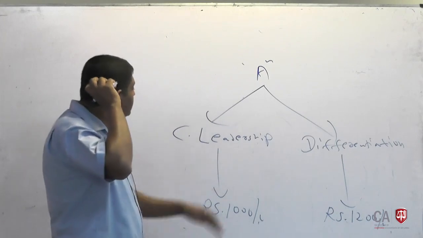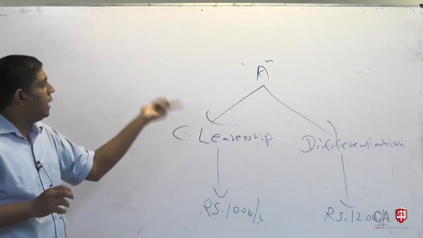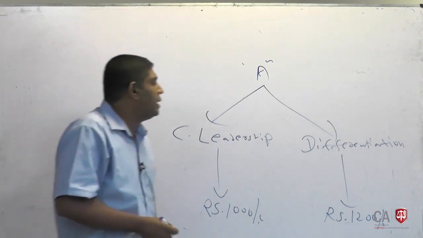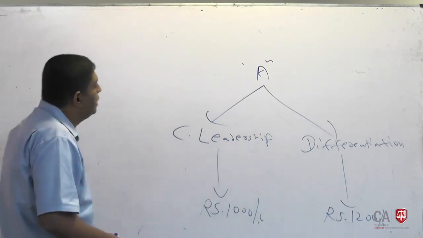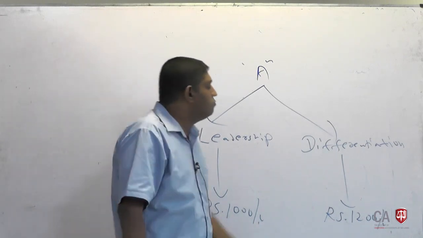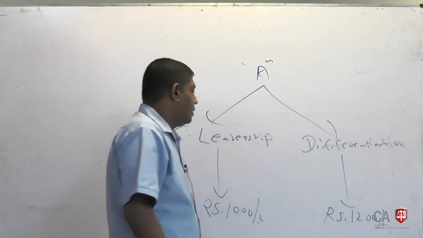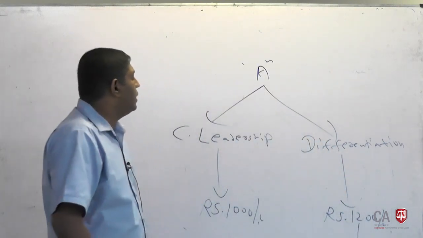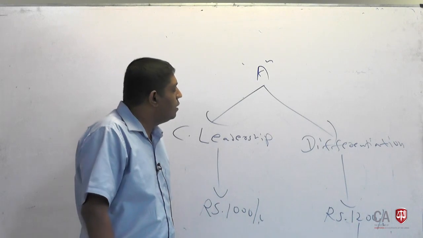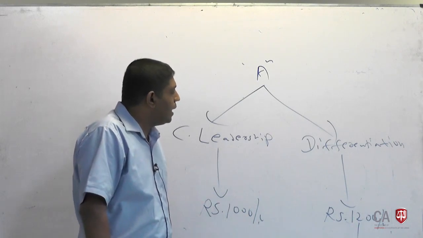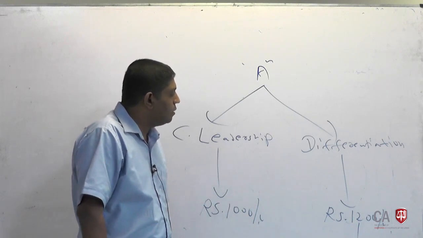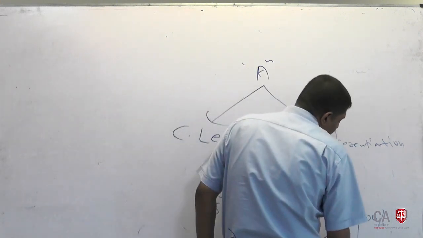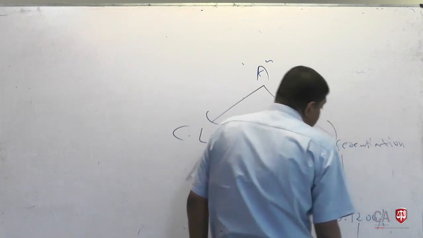If you look at these 2 examples, in relation to A, what is the best strategy they can apply in the marketplace? The best strategy they can apply is differentiation strategy, since A can get 1200 profit. Therefore, this can be identified as the dominant strategy, the best strategy.